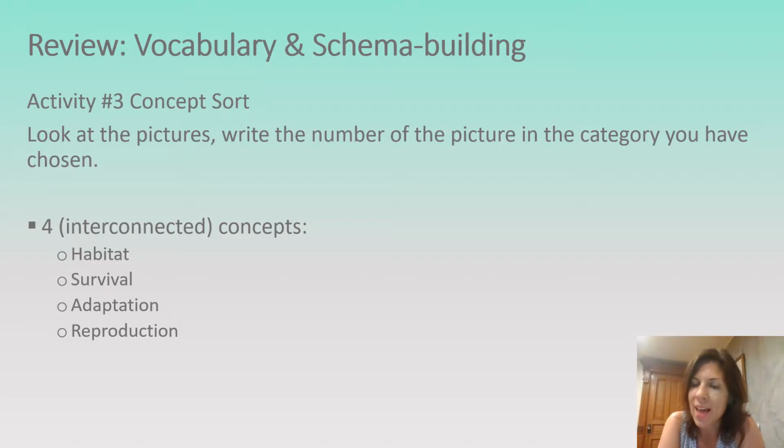All right, and then in the end, I'll show you how I categorized the pictures, but you might have done it a little bit differently because some of them overlap. All right, so we're going to go do that now.